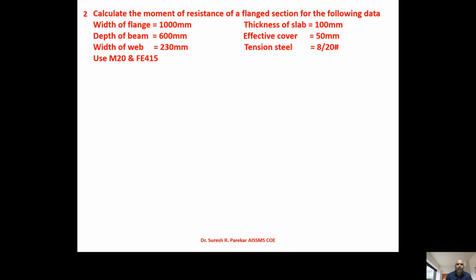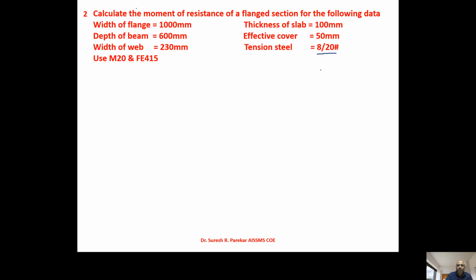Now you can see, calculate the moment of resistance of a flange section for the following data. We have everything as it is, only we have made a change to 8 bars of 20 torque. And therefore what will happen? My neutral axis will go in the web, because as my steel increases, automatically my Cu increases, and therefore it will switch over to the web.